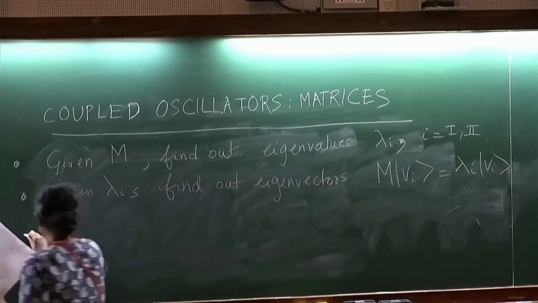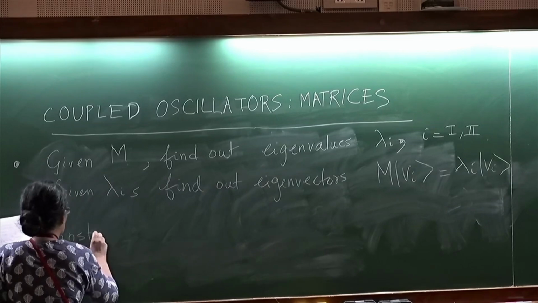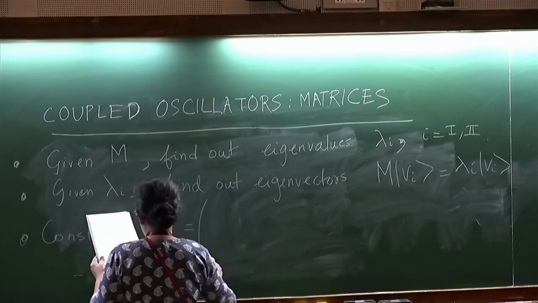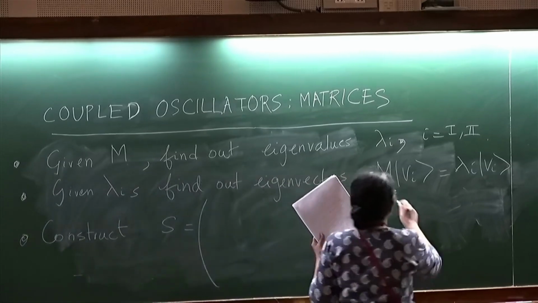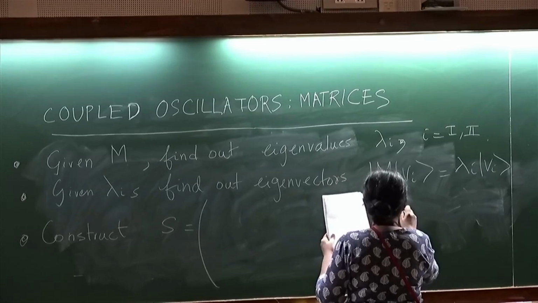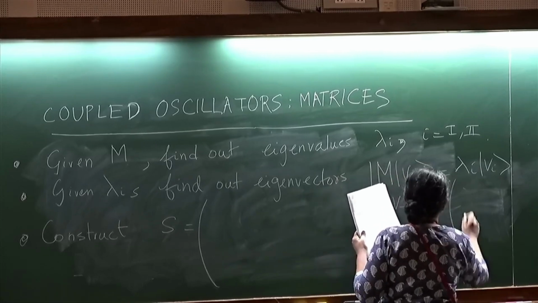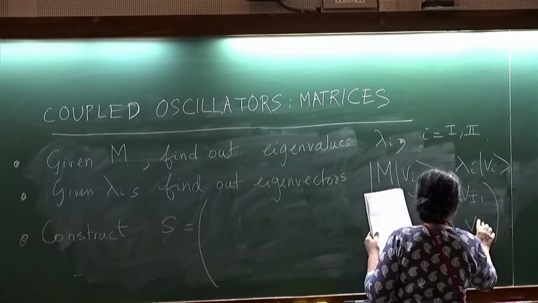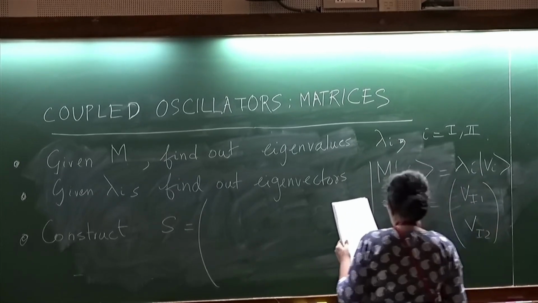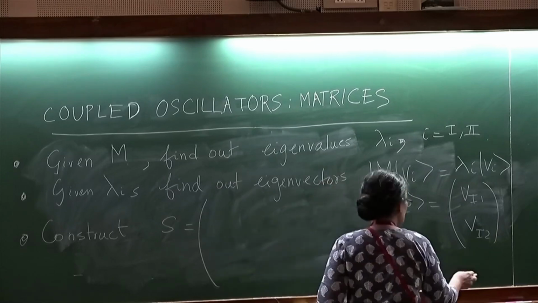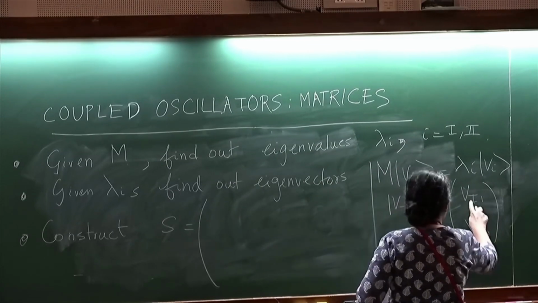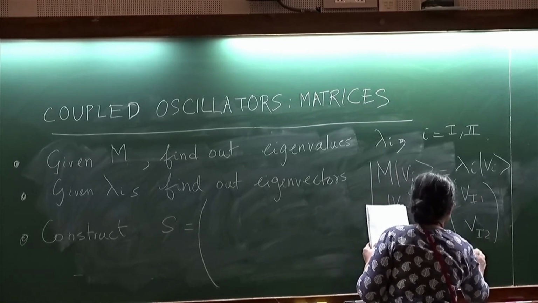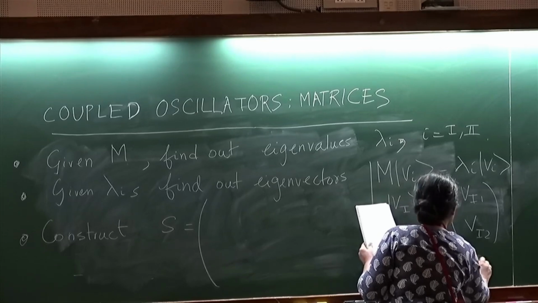Then you construct a matrix with the eigenvectors like this. Here there are two eigenvectors, V1 with components V1 1 and V1 2, right? You can either use it like this or this way, it's fine.